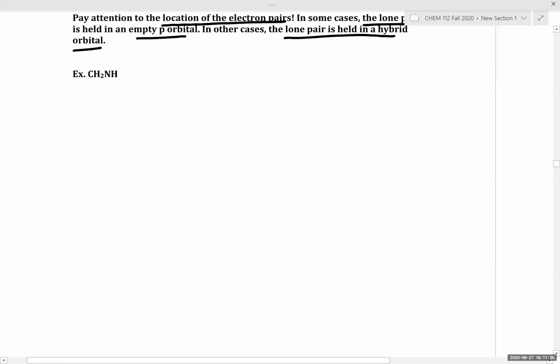If we look at CH2NH, it looks like a relatively simple structure. If we were to draw a Lewis structure for CH2NH, I'll provide it for us, so that we can have a productive discussion.